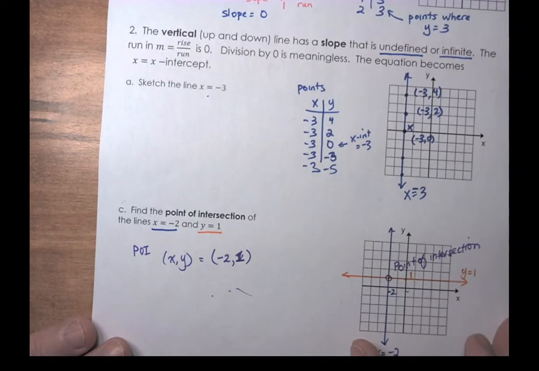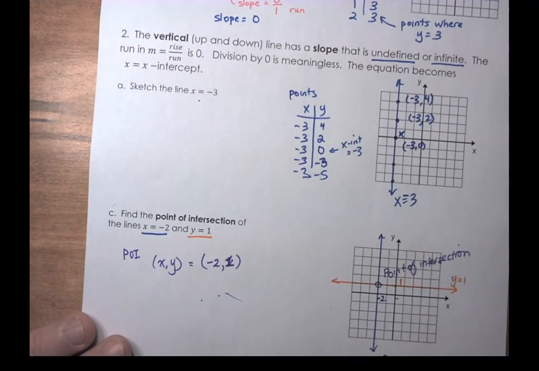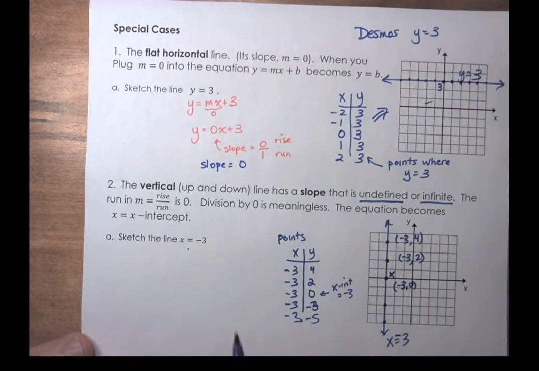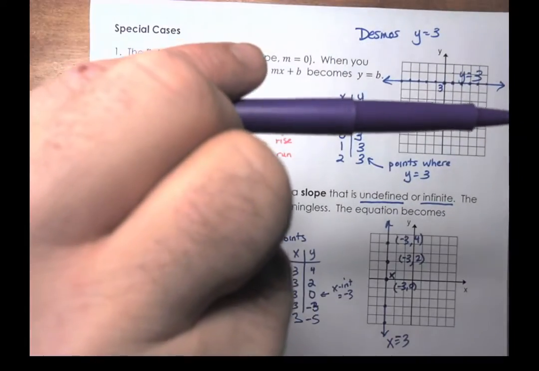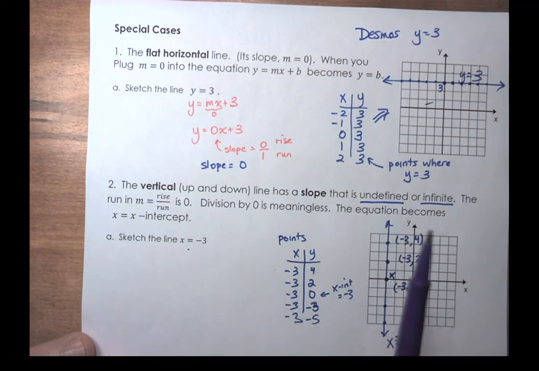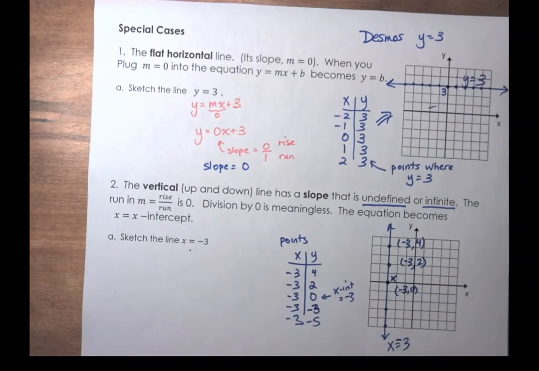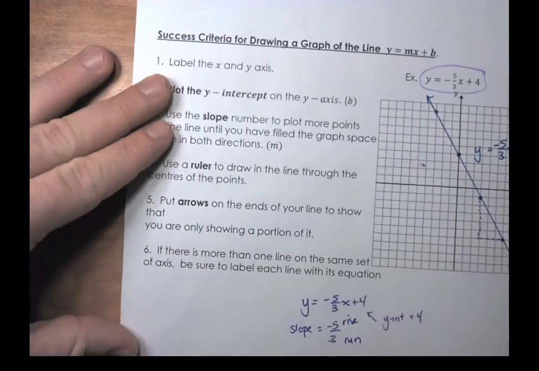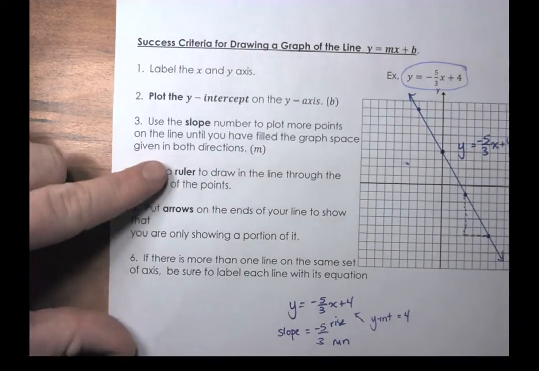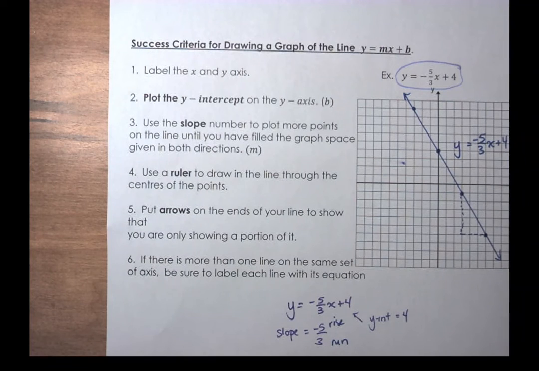So just so that we know, if I'm looking at some special cases, y equals 3 is always horizontal, x equals -3, or x equals any number is going to be vertical, and we move forward. But the biggest thing here is, if I have it in this form, I should be able to follow the success criteria to practice my learning.